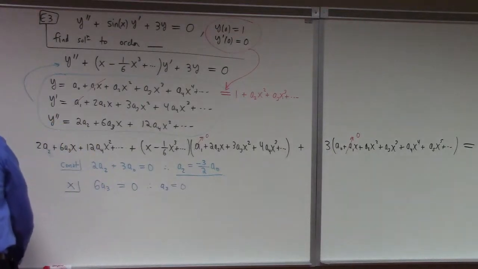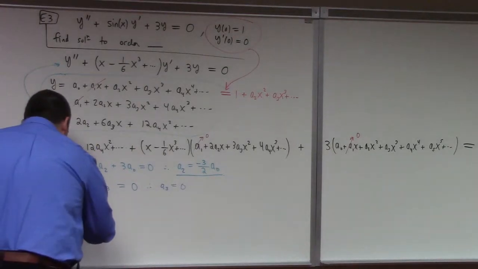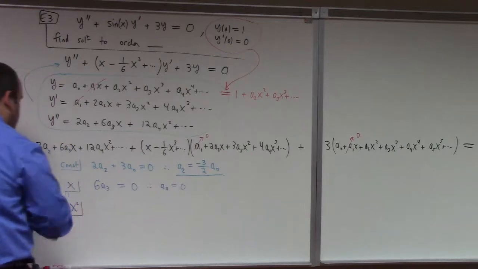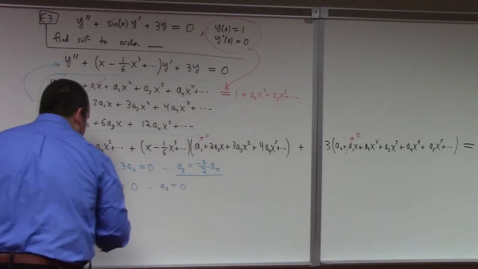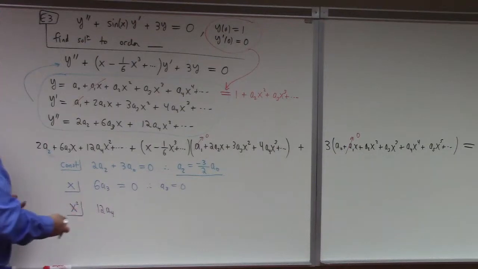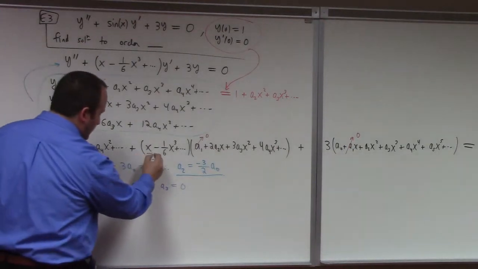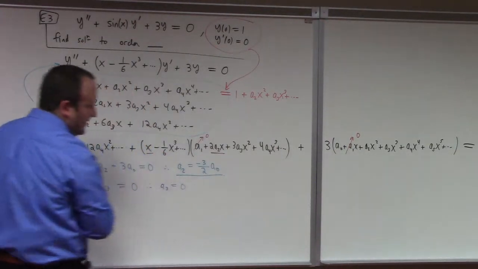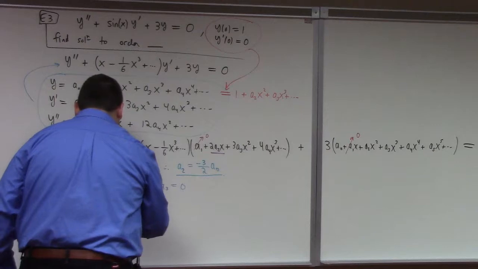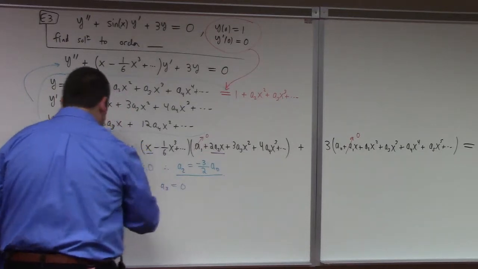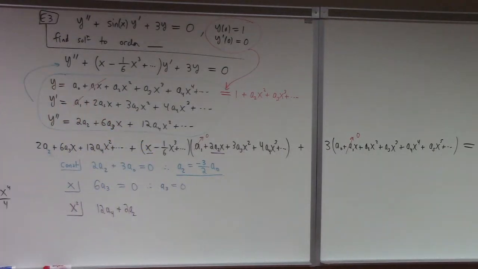a3 is 0. Let's go to the x squared equation. What does it tell us? What do we learn from x squared? We get 12a4. How else can I get x squared? I can get it from x times 2a2x, right? That gives me an x squared type term. In fact, that gives me 2a2. Any other way to get x squared from the middle term?